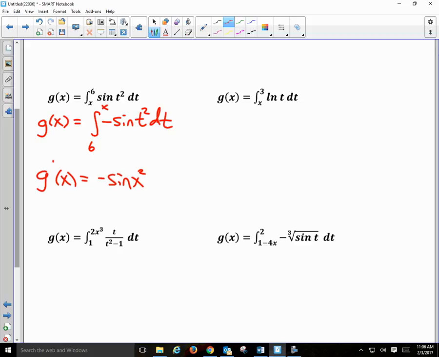So how would I rewrite the next one? G of x is equal to the integral from 3x of negative natural log of t dt. So now I'll take the derivative.